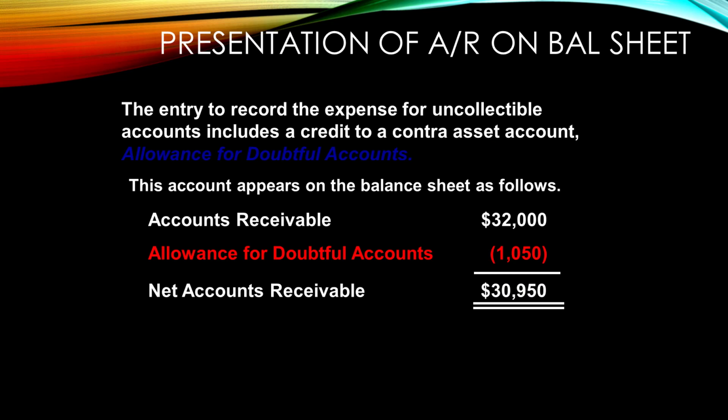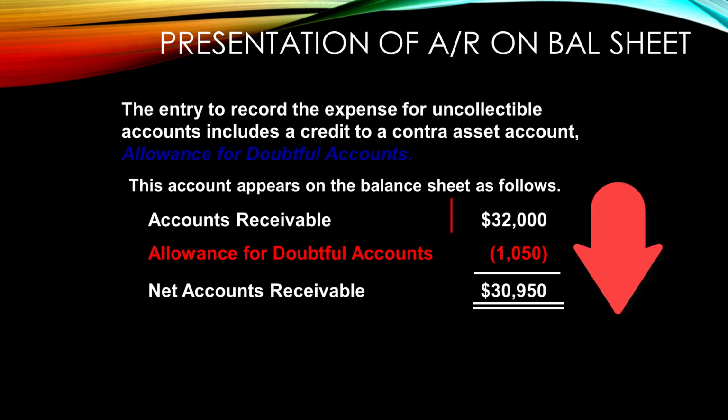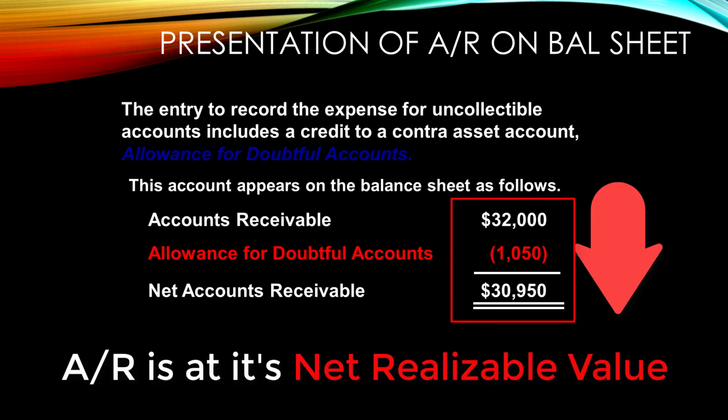That previous adjustment increased the allowance for doubtful accounts up to $1,050. This brings the accounts receivable balance from $32,000 down to its net realizable value, otherwise known as net receivables, of $30,950.